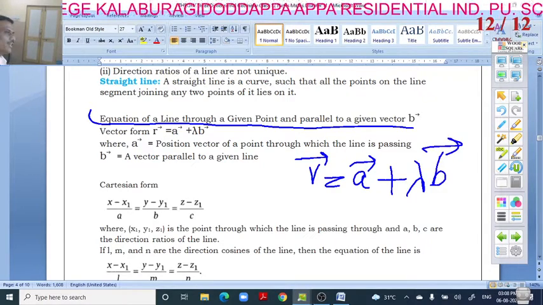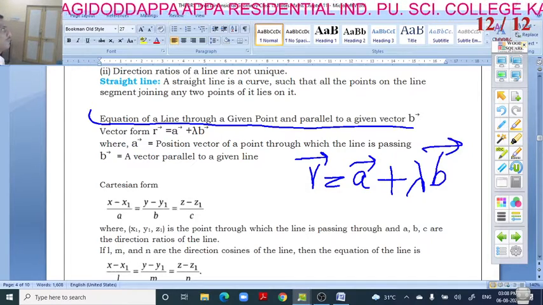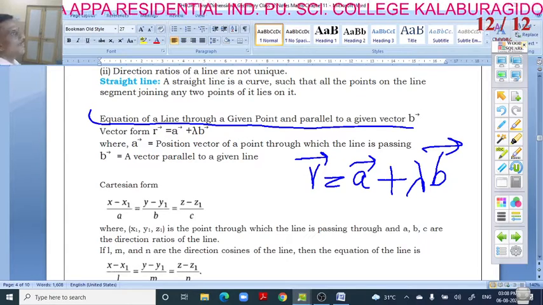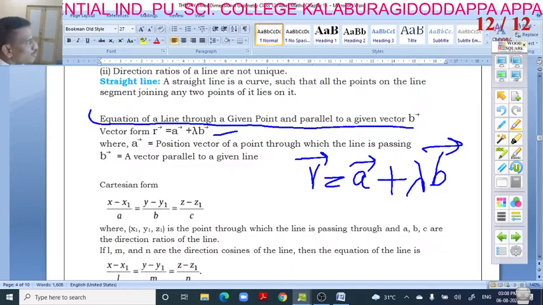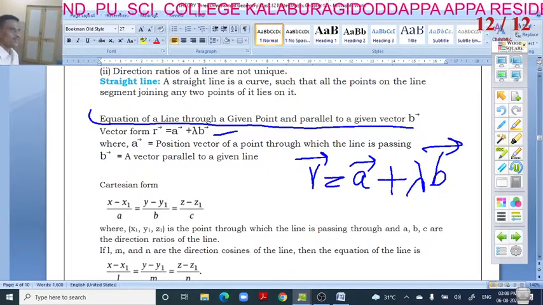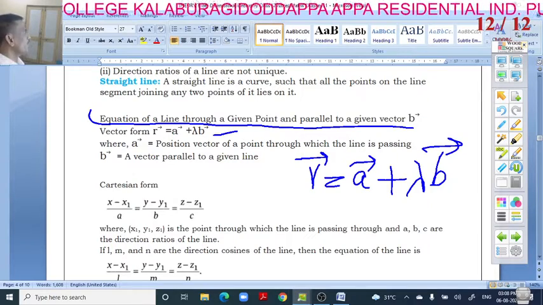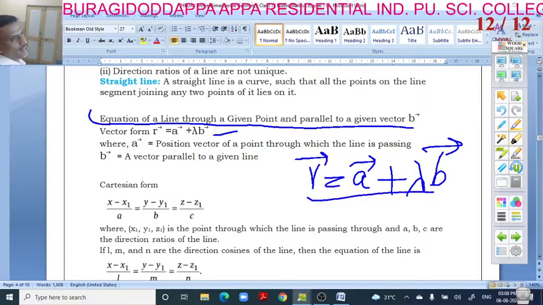This is the vector form of the equation of a straight line, where a is the position vector of the point through which the line passes, and b is a vector parallel to the given line.